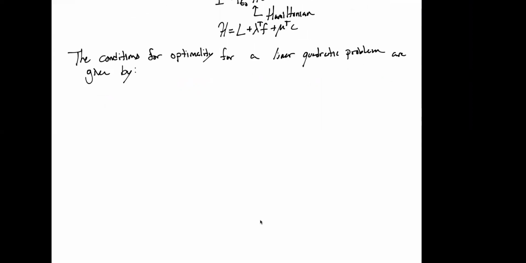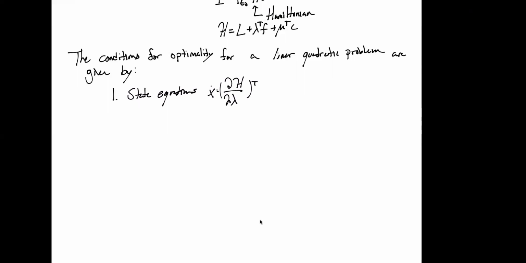The first one comes from the state equations: x dot is equal to the partial of H with respect to lambda, transposed.